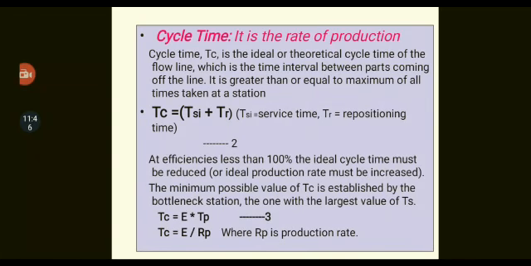E is nothing but efficiency and TP is nothing but process time. And one more formula we have, TC is equal to E by RP, efficiency divided by production rate.